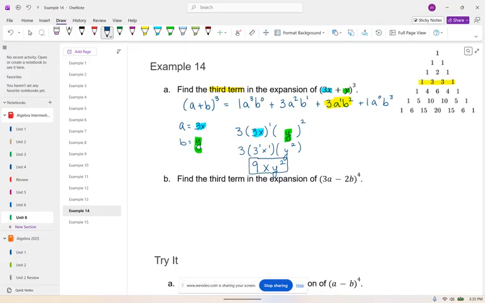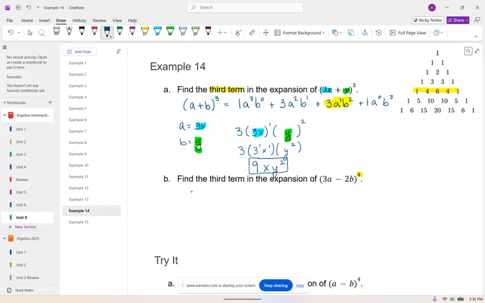Now looking at part B. Again, we're looking at the fifth row of Pascal's triangle, the 1, 4, 6, 4, 1, because we have the quantity raised to the fourth.